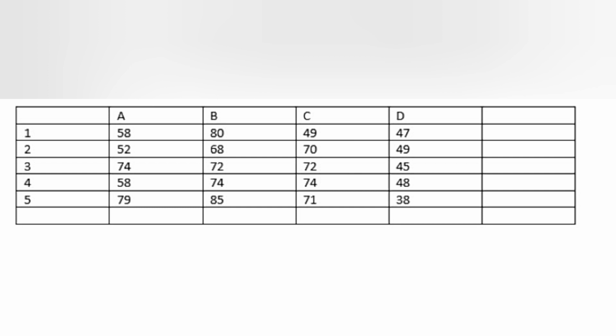So you are given this data. The first thing you are going to do is compute the sum of these values, on the columns and on the rows respectively. Let's start with the columns.